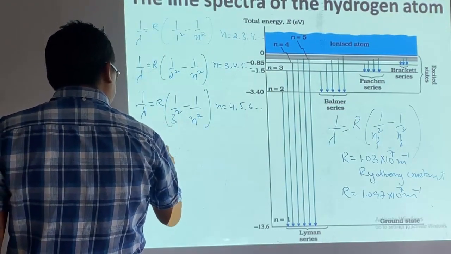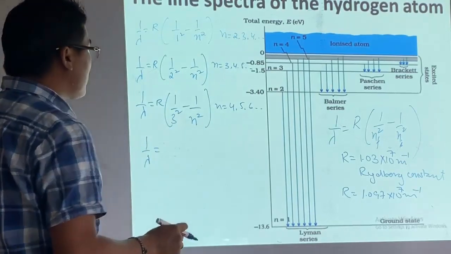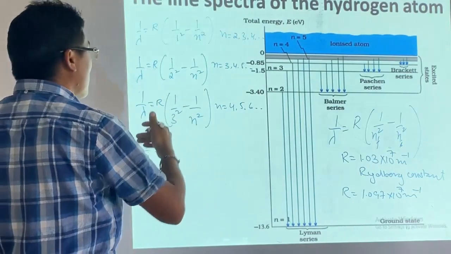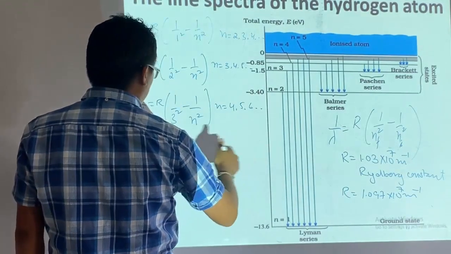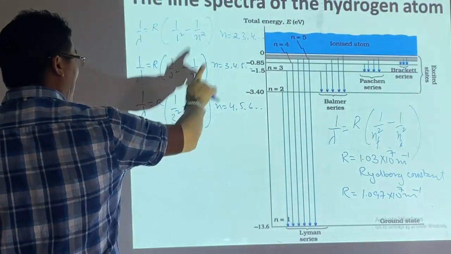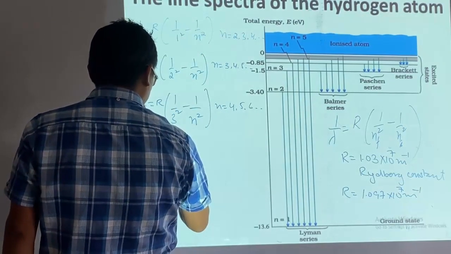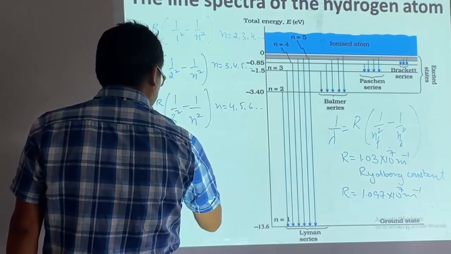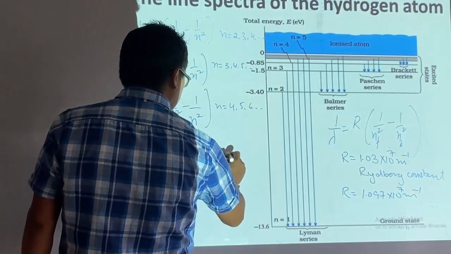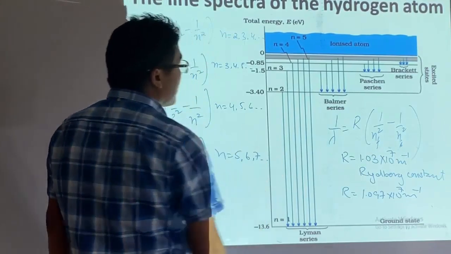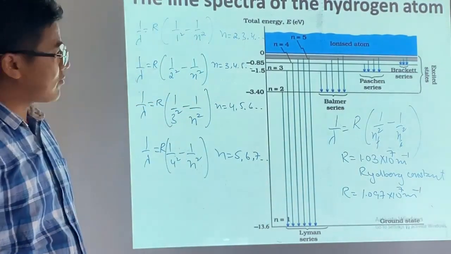Now any electron which undergoes a transition from a high energy level to the fourth excited state, this is the third excited state, and this is what we call the Brackett series.